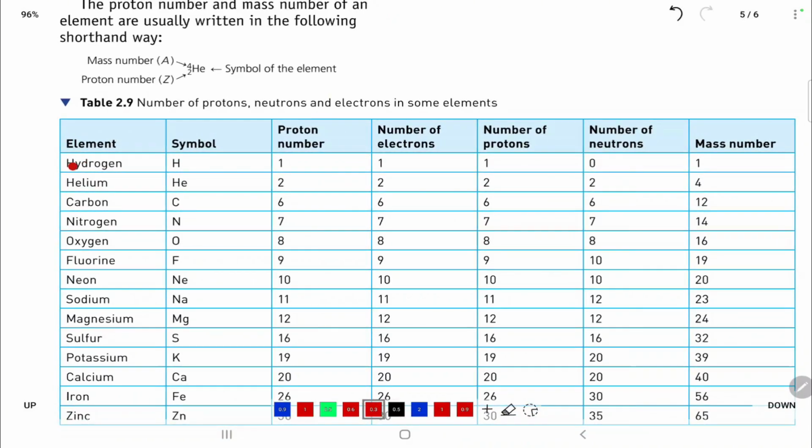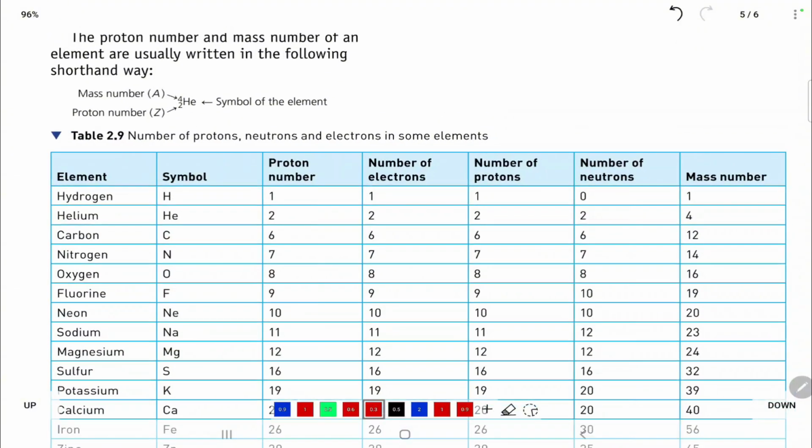So if we come to hydrogen, its symbol is H, proton number is 1, number of electrons 1, number of protons 1, number of neutrons 0, so the mass number is 1. Carbon: the symbol is C, proton number 6, number of electrons, and so on.